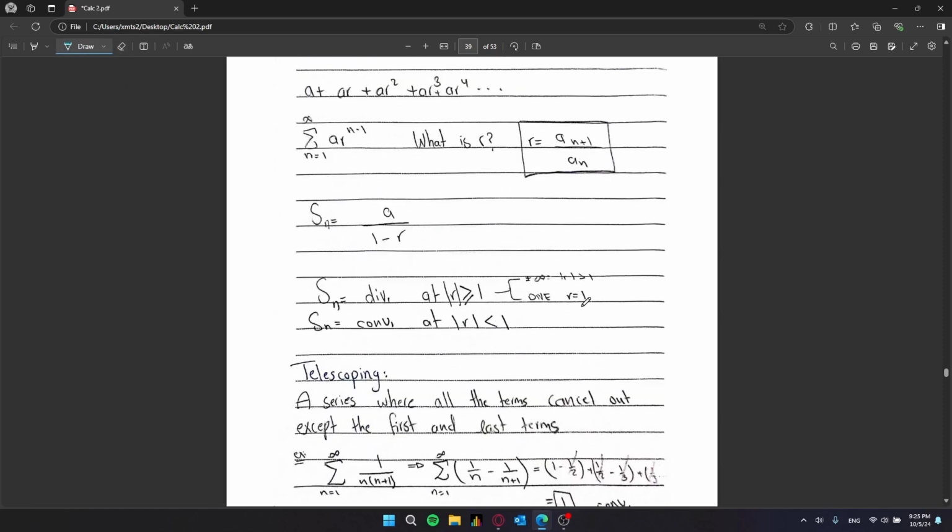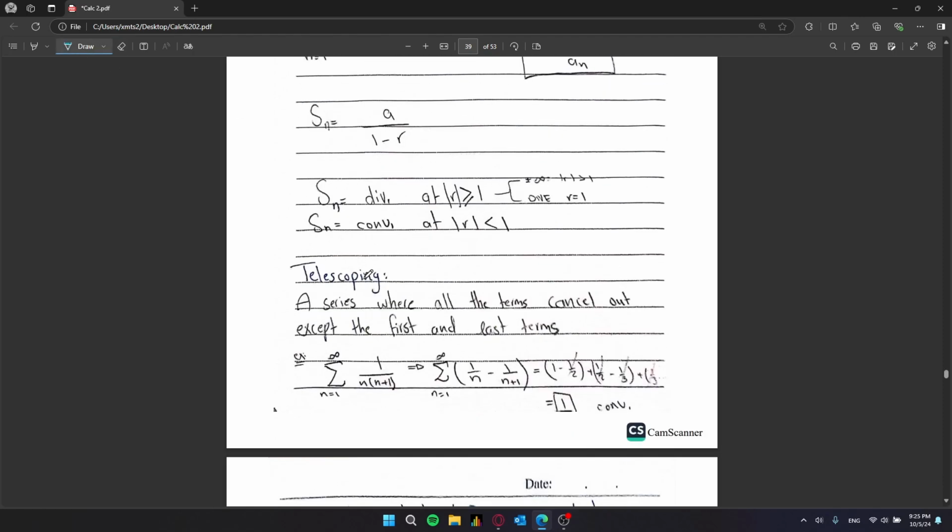In both of these cases, it diverges. We're just letting you know that if r is equal to 1, the limit will not exist, but it will still be a divergence case. And if the absolute value of r is greater than 1, it is going to be plus or minus infinity, which is still considered divergence.